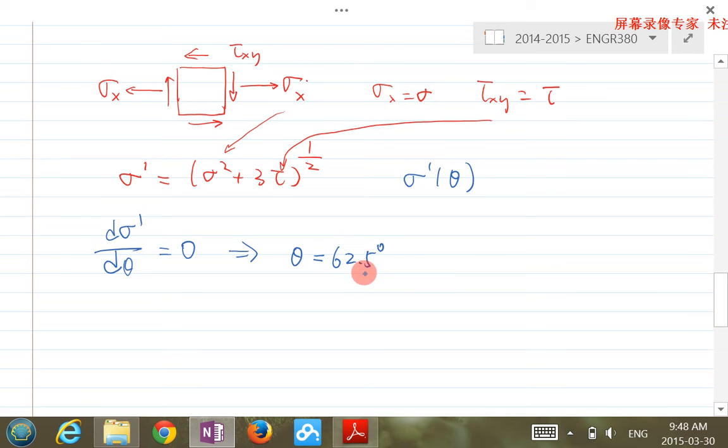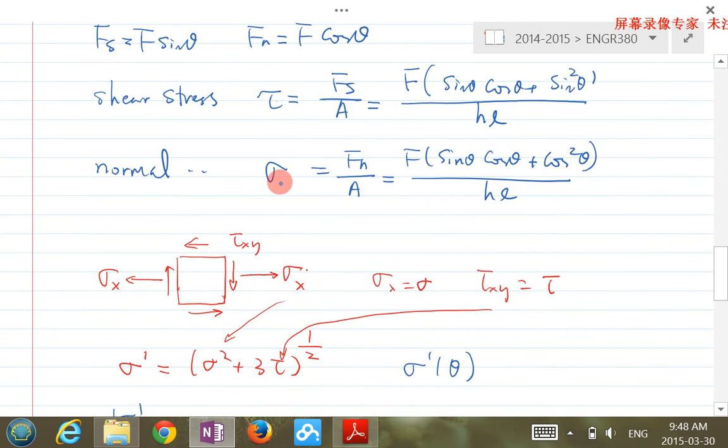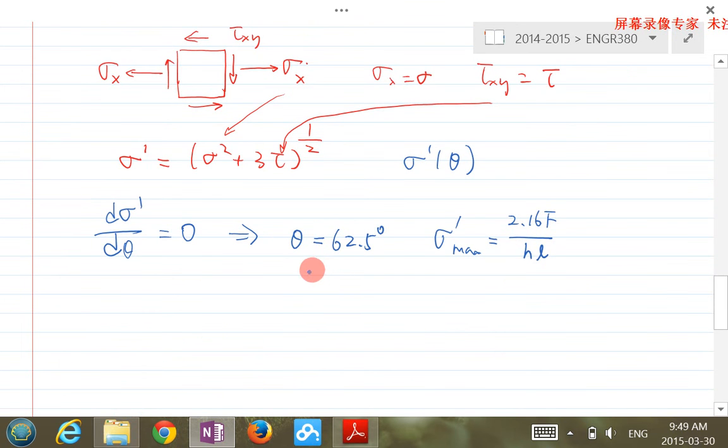At this angle, we get the maximum sigma prime, equal to 2.16 F over HL. And at this angle, you can substitute back into tau and sigma. We get sigma equal to 0.623 F over HL, and tau equal to 1.196 F over HL. So this is the so-called theoretical calculation of the maximum.